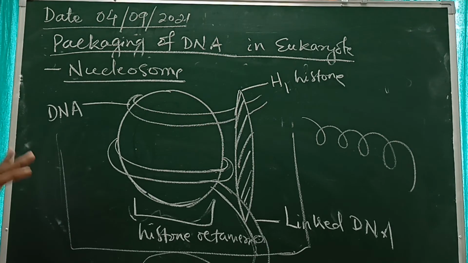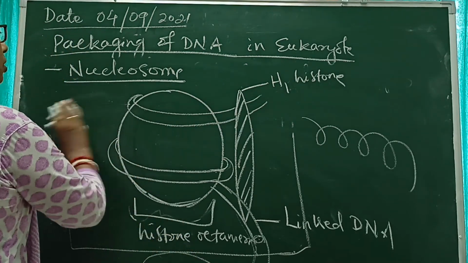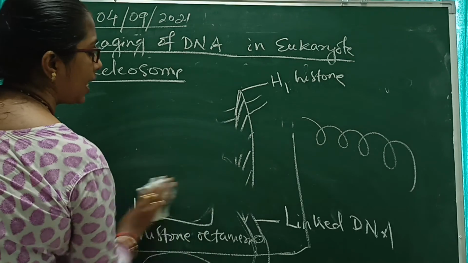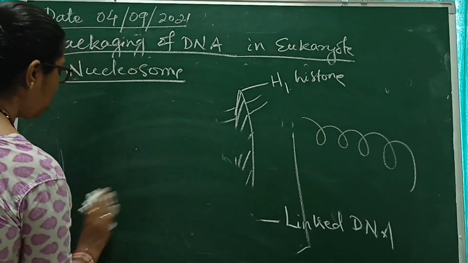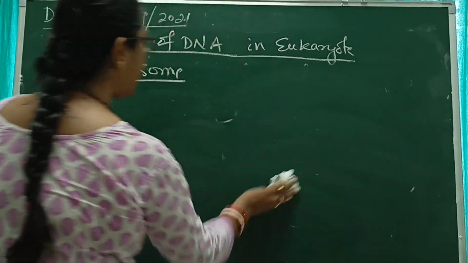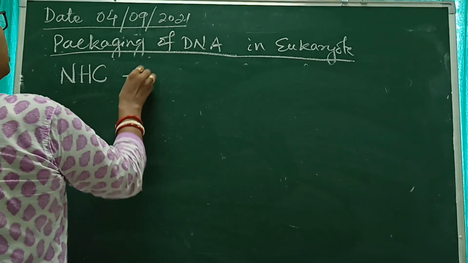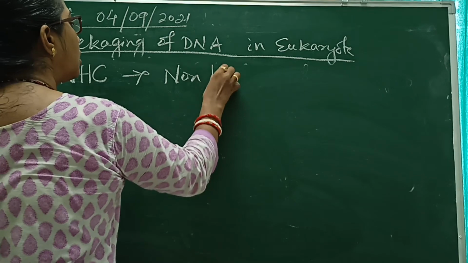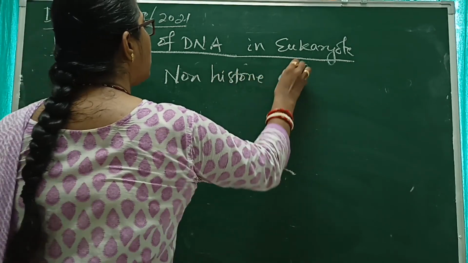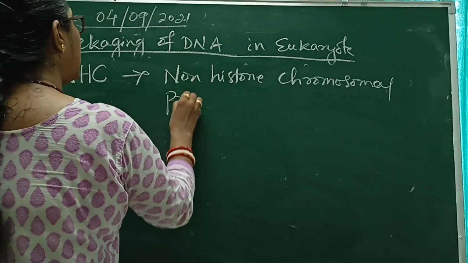But besides the histone protein there is another protein that is called non-histone chromosomal protein. That is NHC, non-histone chromosomal protein. It is very important for high level packaging, children.